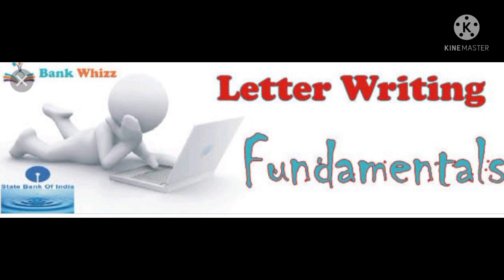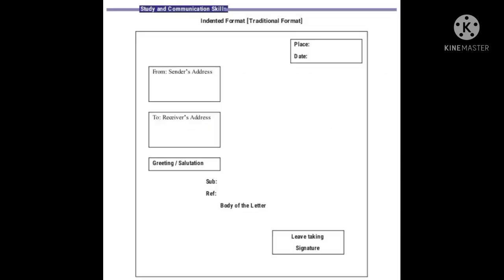First one is indent format. It is also called the traditional format. The structure of the different parts of the letter in this format is as follows. In the indent format, from address and to address start from the left margin, whereas date, leave taking, and signature are towards the right margin.